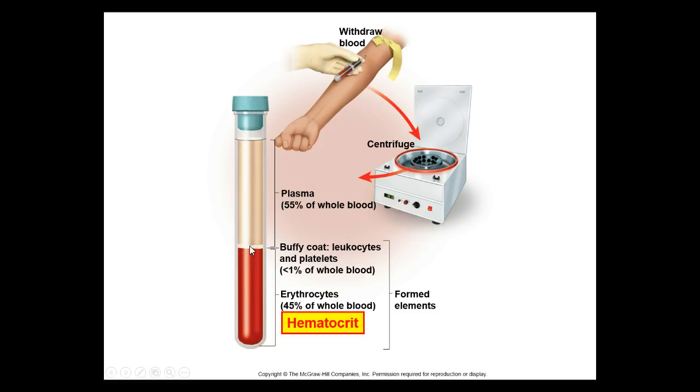You then get a buffy coat, which is just the leukocytes or the white blood cells, and then you get the plasma, which is the fluid and its solutes. When we talk about what percent of the whole blood is made up of the red blood cells, we call that hematocrit. And I'm sure that most of you have heard people ask, "Oh, what was their hematocrit?" Or even on a TV show.